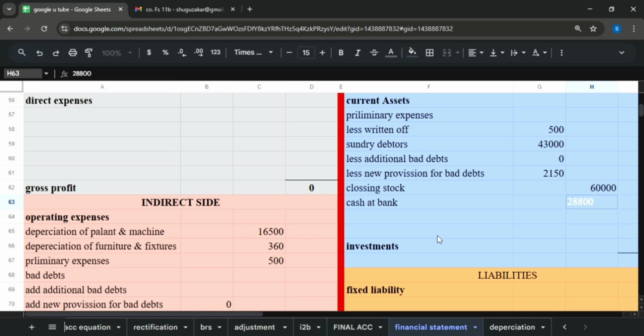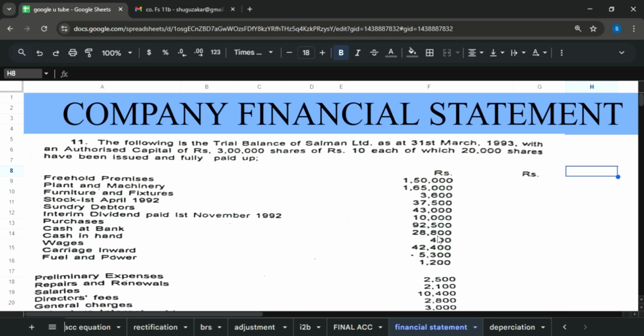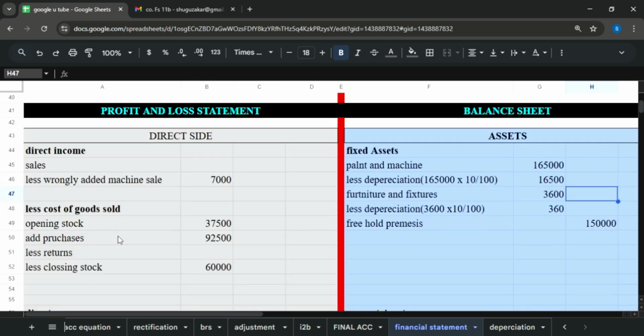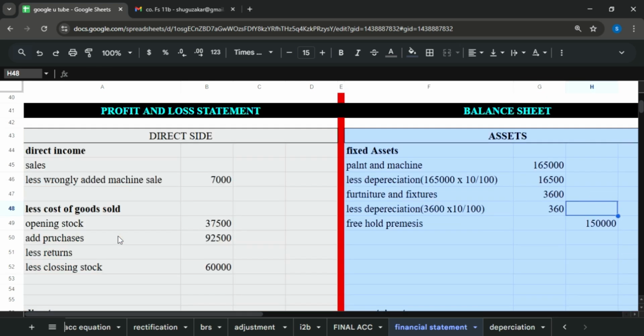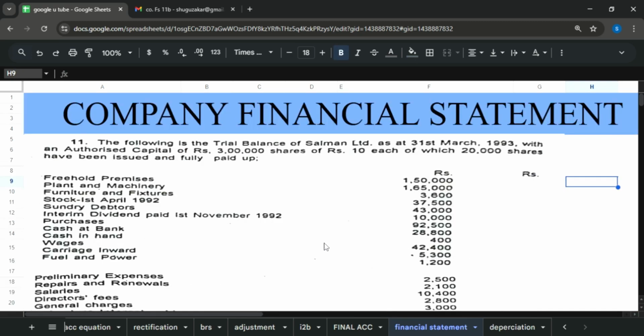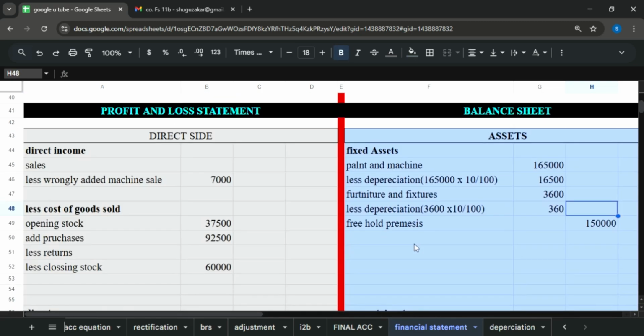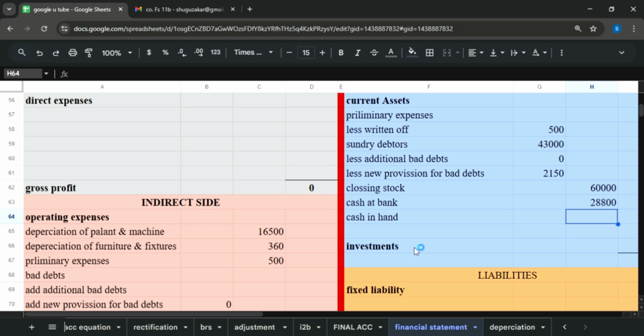Hopefully we are writing the accurate amount. Due to this distance it is a little difficult to mention. Then we have cash in hand. Again current asset, the amount of cash in hand is 400. Alright, let's write 400 on the current asset side.